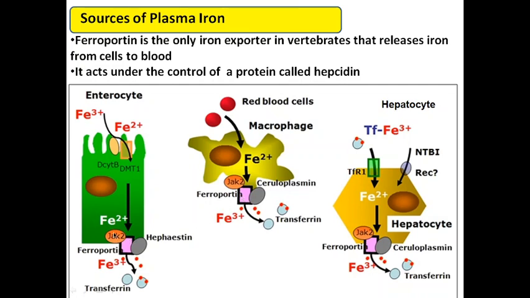Ferroportin is the protein through which iron is transported or released from the enterocyte, macrophages or hepatocytes to the blood or plasma, where iron is oxidized and carried on transferrin.